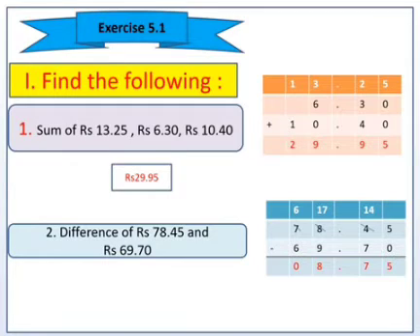Let us borrow 1 from the next number. So it becomes 17. 17 minus 9 is 8. So left out with 6. 6 minus 6 is 0. So what is your final answer? 08.75. So that means 8 rupees 75 paise.